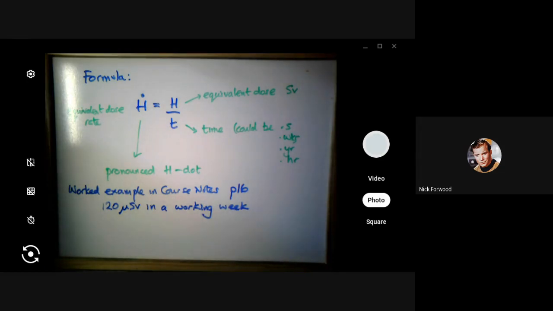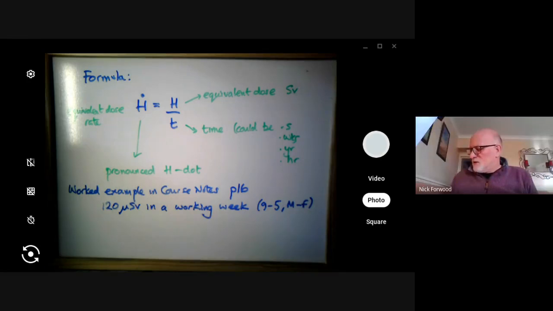So this question talks about a working week being from 9 to 5 and Monday to Friday. Now, using that information, it says what's the equivalent dose rate. This is the dose you get, but it wants to know what you get in a working week, and you've got to work out how many hours there are in that working week, because you're not there 24/7, you're not there 7 days a week.